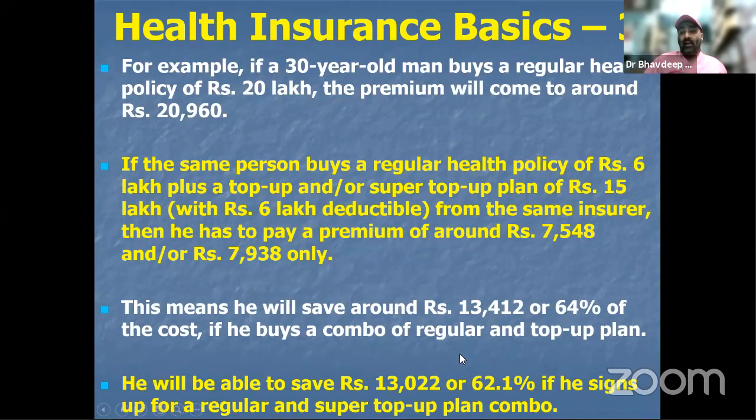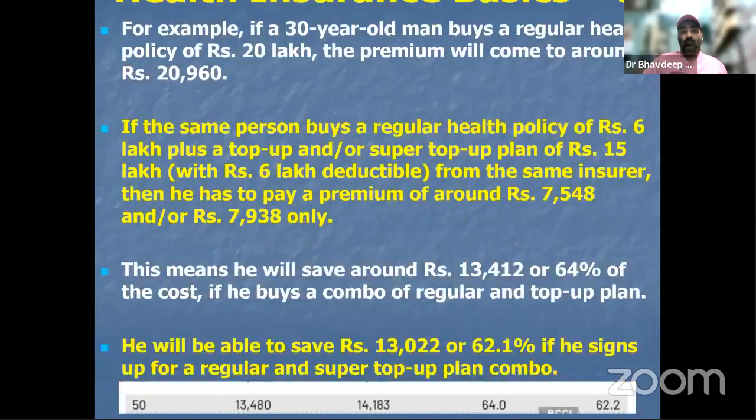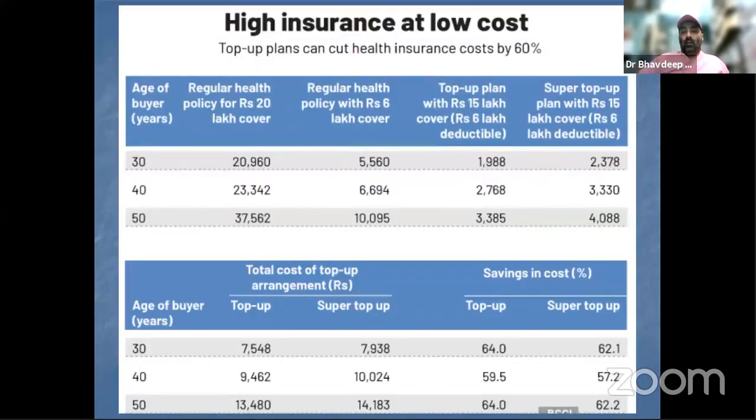Let's see the same slide in the tabulated form. See, top-up plans can cut your health insurance cost by 60%. So the regular policy with 6 lakhs cover is 5560. Then the top-up plan separately with 6 lakh deductible, 1988.